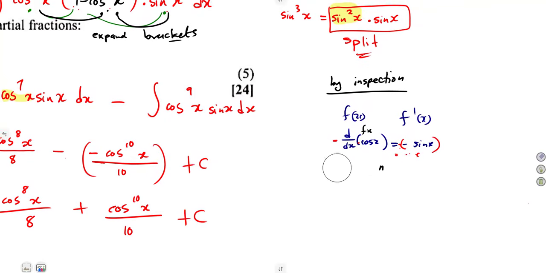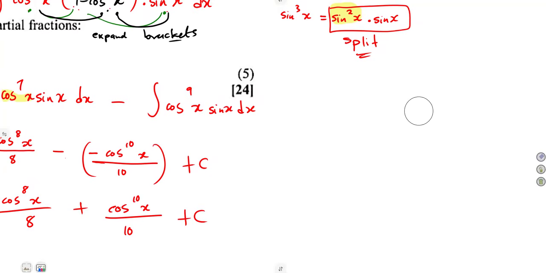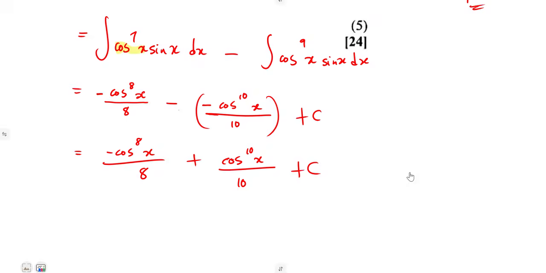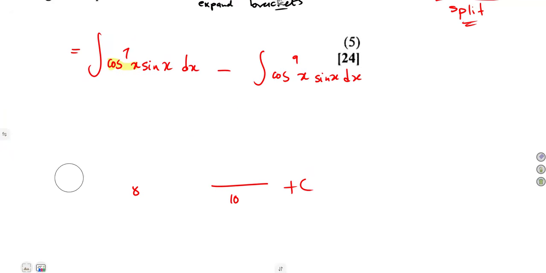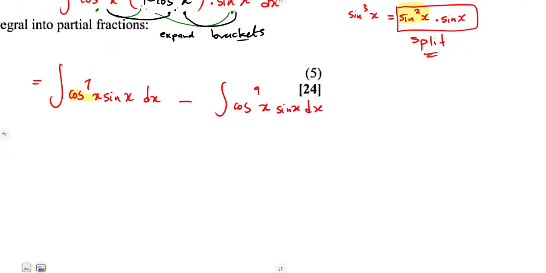Or we can use our substitution method as we are used to. Let me play around with your substitution method, which most of you are used to, choosing u. So that's another way, by substitution.